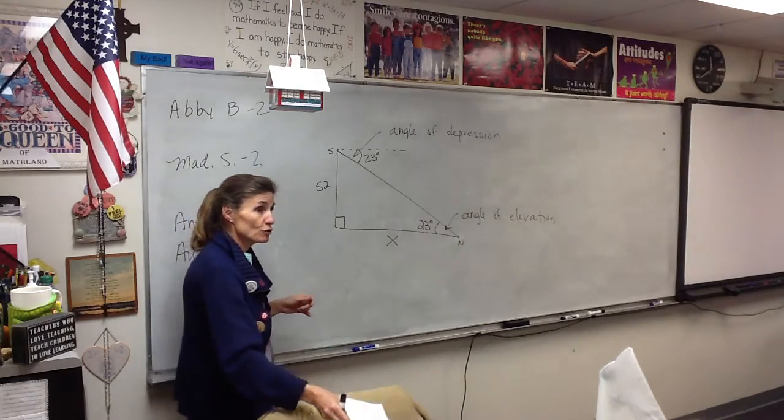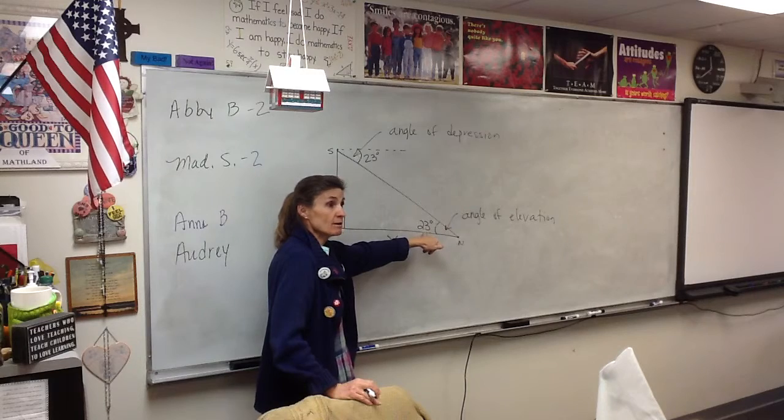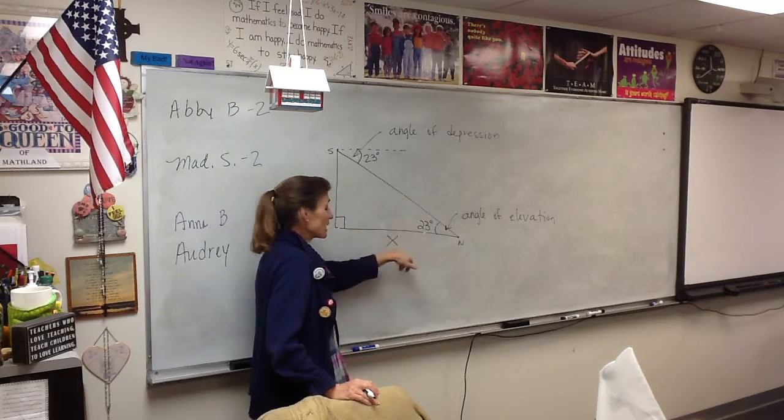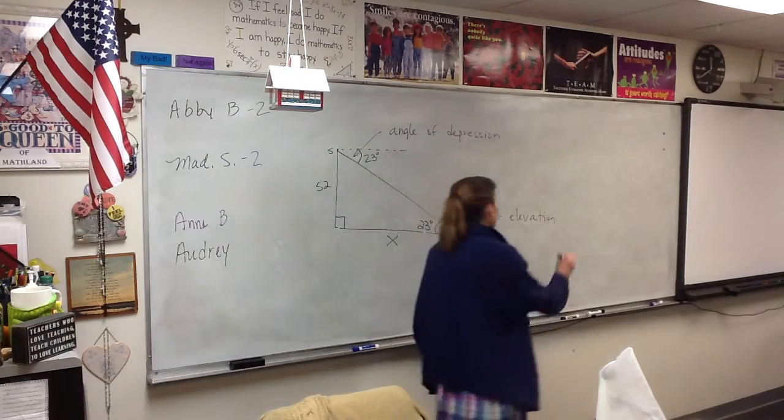Okay, so take a look at your triangle. With regard to this angle right here, which side is this? Opposite. Which side is this? Adjacent. Opposite over adjacent. Which function? Toa. Tangent.